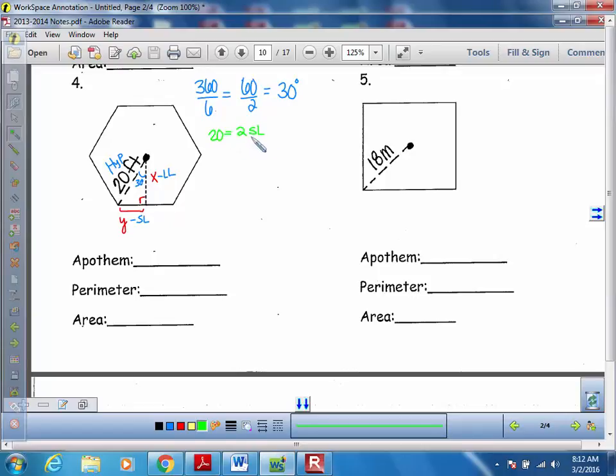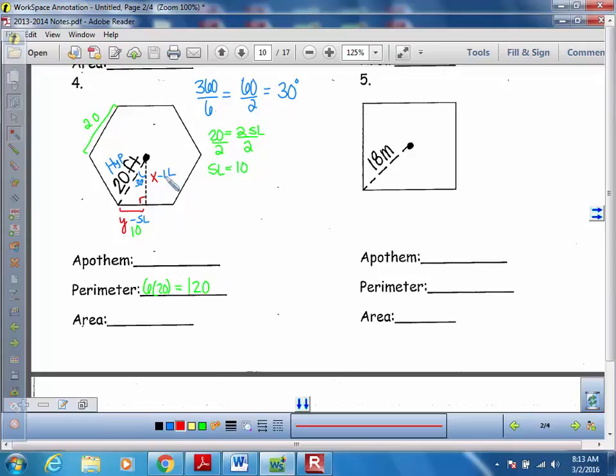Now I want to isolate my short leg, so since these are being multiplied, I'm going to have to do the opposite and divide. My short leg is going to equal 10. And so this piece right here is 10, which means my entire side piece would be 20. So let's go ahead and find that perimeter before we move on. We have 6 sides, so our perimeter would be 6 times 20, which is 120.